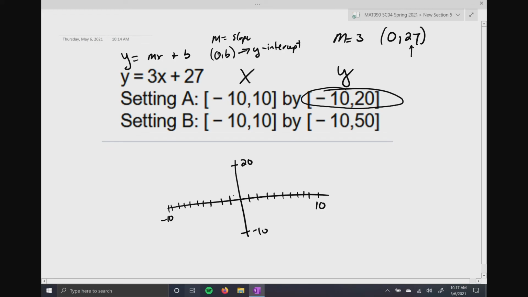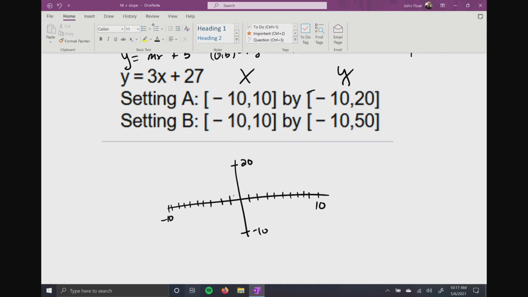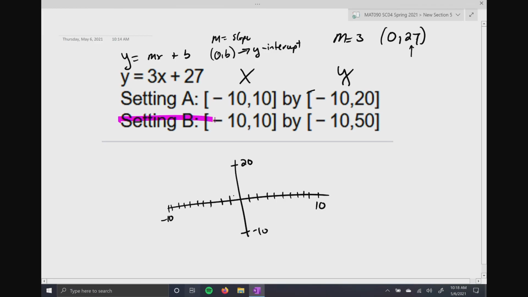Yeah, this window only gets you to a y value of 20. You need a y value of 27. See, that's what this question is asking you. Do you understand that you have y equals mx plus b here? Okay? So, obviously, if it's not letter A, it has to be this setting right here.